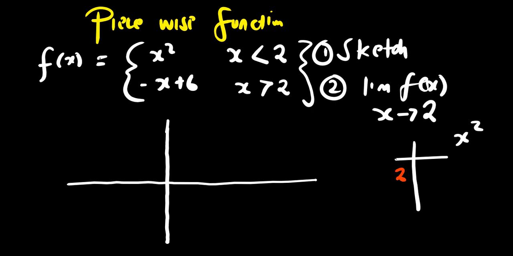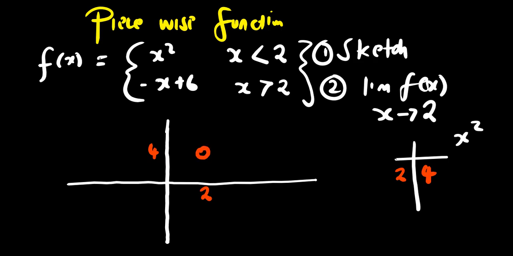If x is 2, what are we going to have as the value? 2 squared will just give us a 4. Let's say our 4 is there. So this will be the point. But now, am I supposed to shade this point or just leave it like that? Now we're able to see that x is less than 2. Therefore, I'm just going to put a circle here.